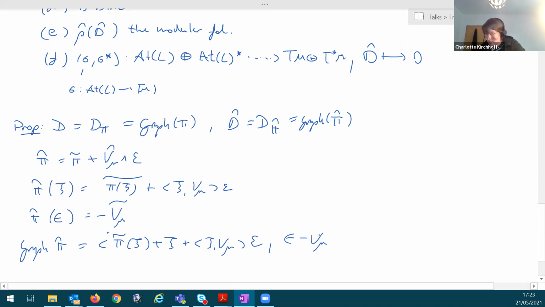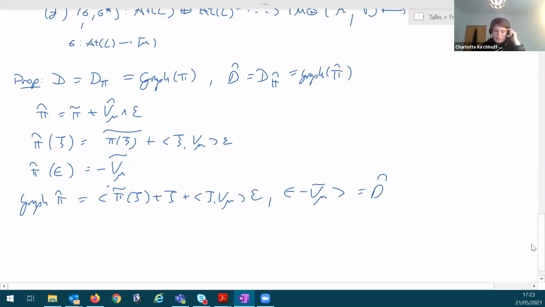And this is exactly what D hat was. So these kinds of elements were what you got from lifting the Dirac structure, and this was the element you got from lifting the characteristic section. So essentially, this procedure really just generalizes the Poisson case.